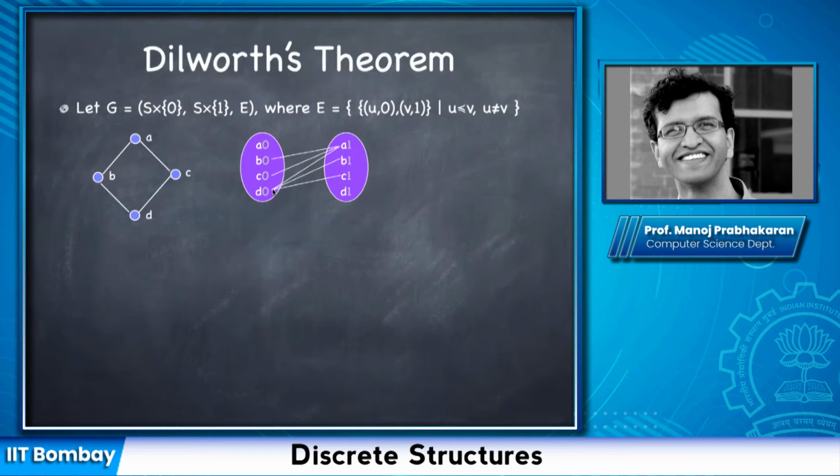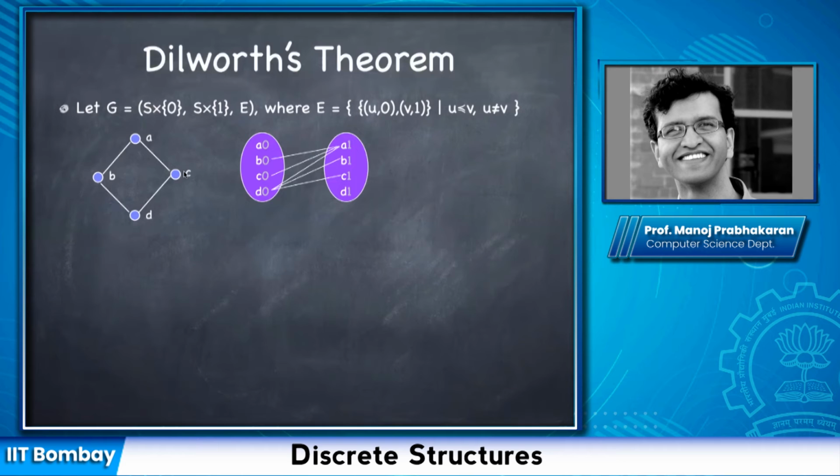And corresponding to, say, the edge DC here, I have D0 to C1, similarly D0 to B1, and the relation that D is related to A translates to the edge D0 to A1. Okay? And similarly, everything is related to A1, so you have the other edges, B0 and C0, both connected to A1. And those are the only edges in this example.